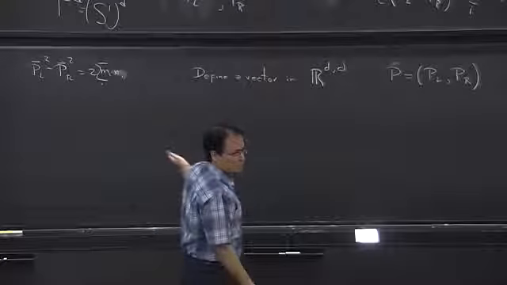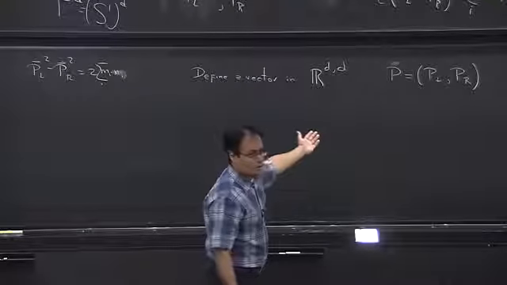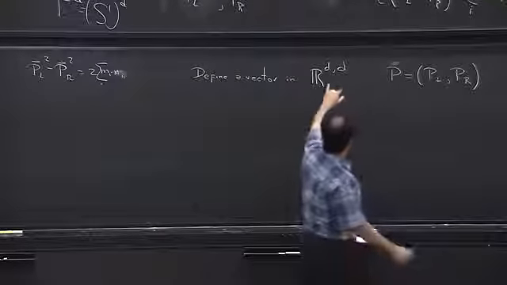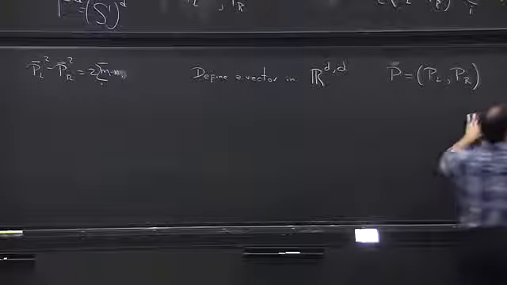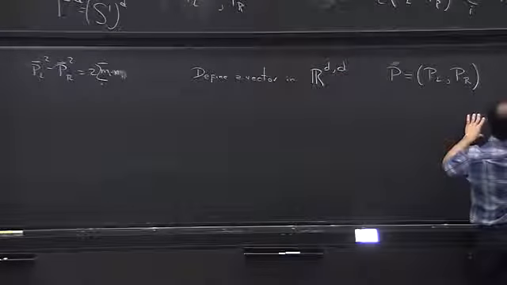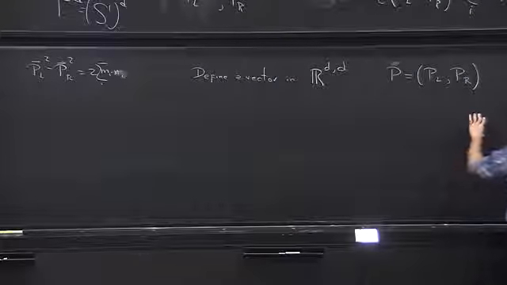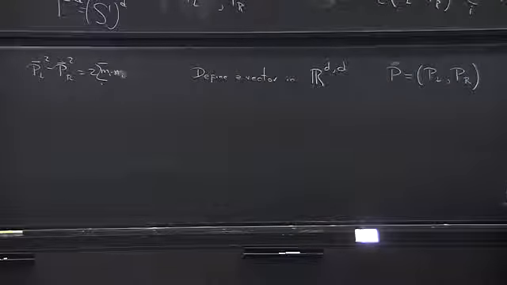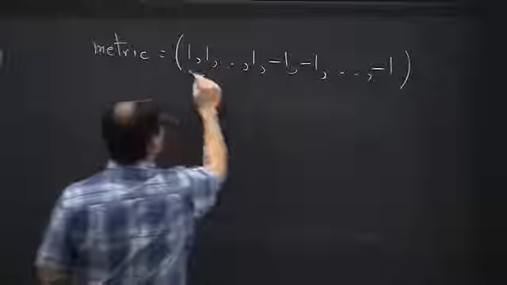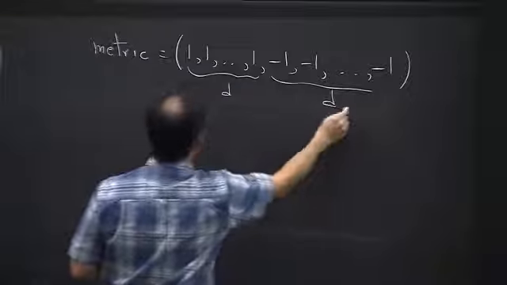And this thing will be nothing but the inner product of this object with this signature, where the metric in that space is 1, 1, 1, minus 1, minus 1, minus 1, D of them and D of them. Okay?